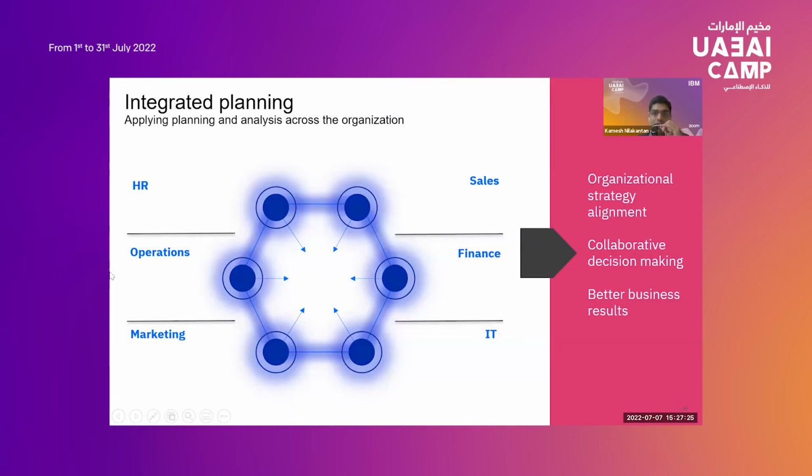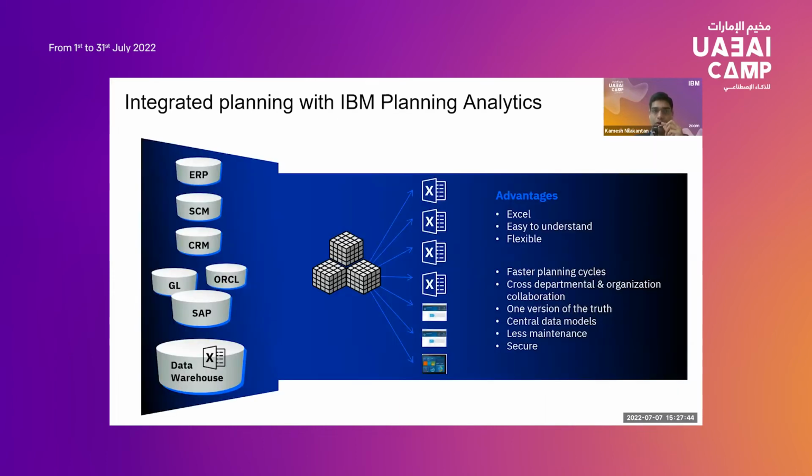As all of these are integrated, there is going to be a proper organizational strategy alignment. There is going to be overall collaborative decision making. Things are not going to be made in silos, and eventually you're going to start seeing better business results. Let's put it that way.